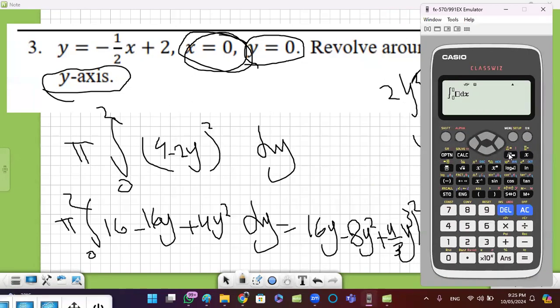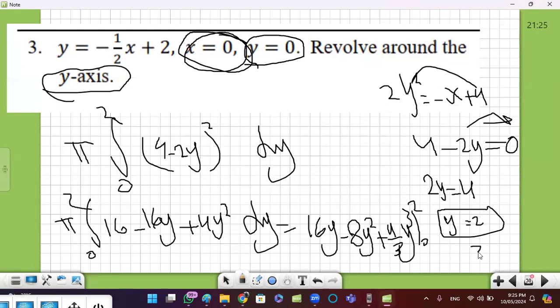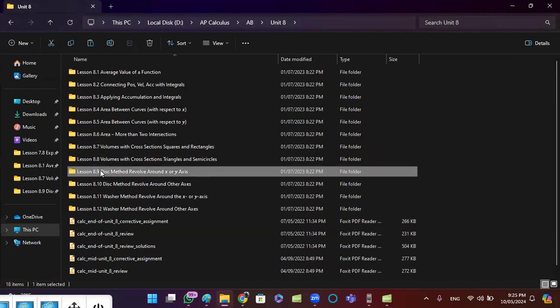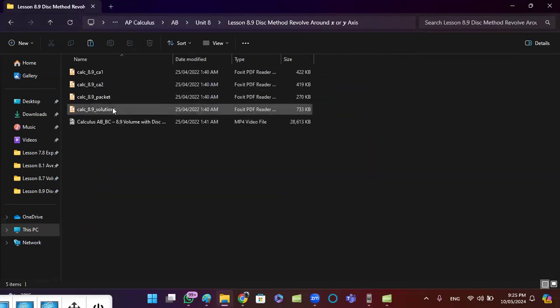The integral will be 32 over 3. I can find the answers here.